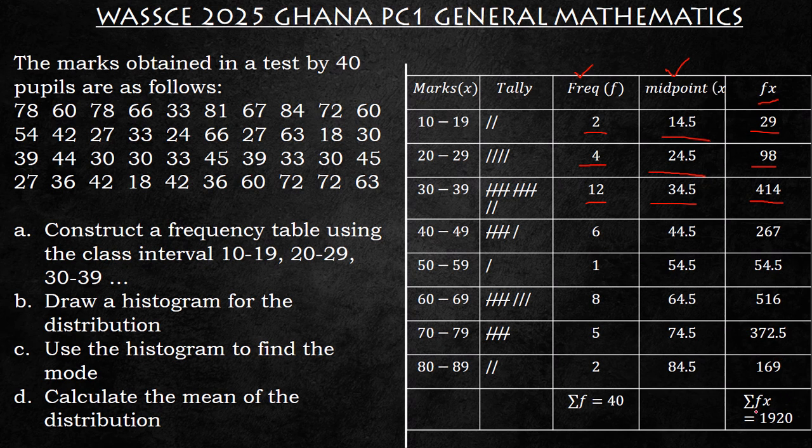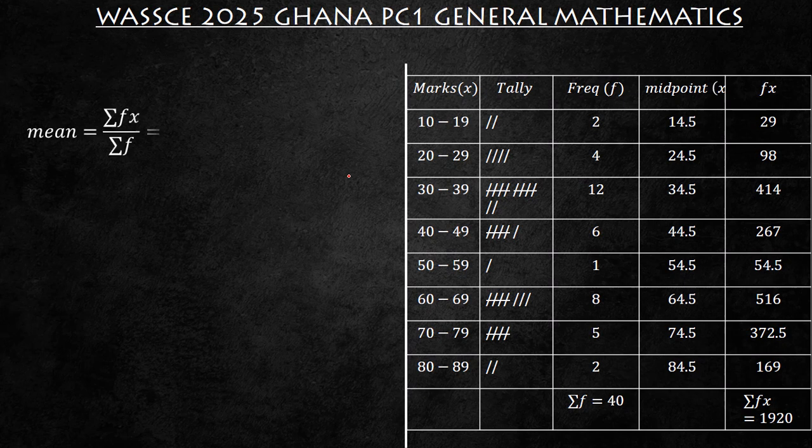Now when you are done, you will sum them up. That is the summation of the fx. So you sum these numbers over here up, and we are going to get the summation of the fx. So now that we have the summation f and the summation fx, we can move on to get the mean of the distribution.